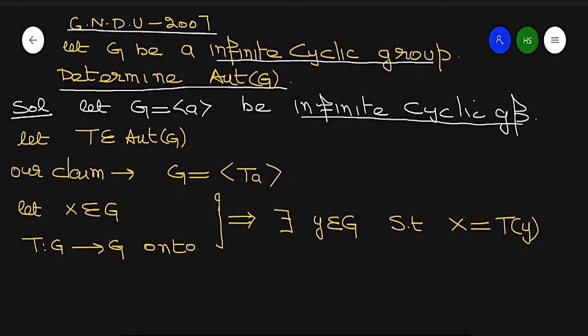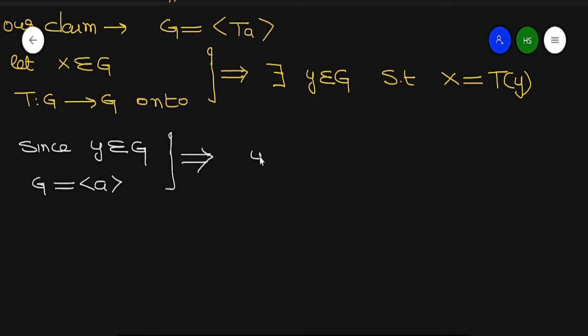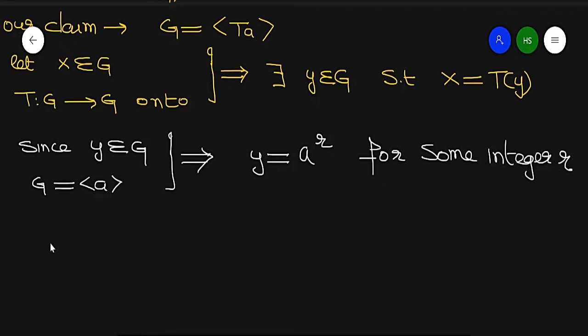Now what is Y? Since Y is an element of G and G is generated by A, it implies Y is equal to A raised to power R, for some integer R. So what is X?